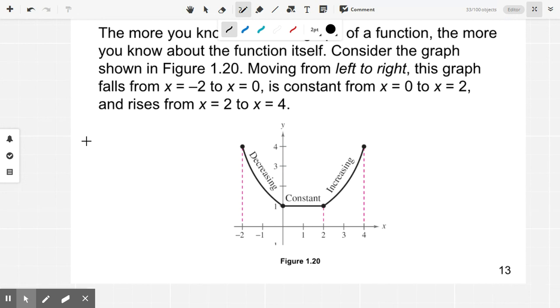That means we're going from left to right. As we move across the graph from left to right, x is increasing, right? -2, -1, 0, 1, 2, 3, 4. So as we go to the right, if the graph is going downhill, that is considered decreasing. If it's horizontal, that's considered constant. If it's going up, that's considered increasing.